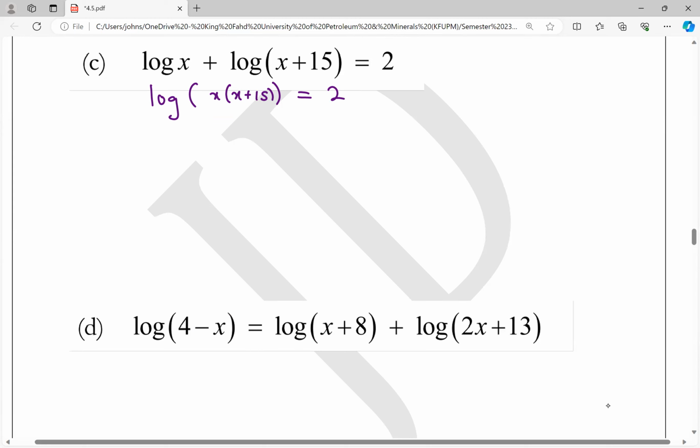We just have to change to this side. If you look at these, we can write another way. We can write 2 as log to base 10 of something.